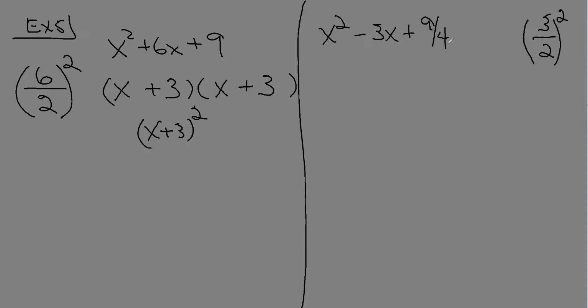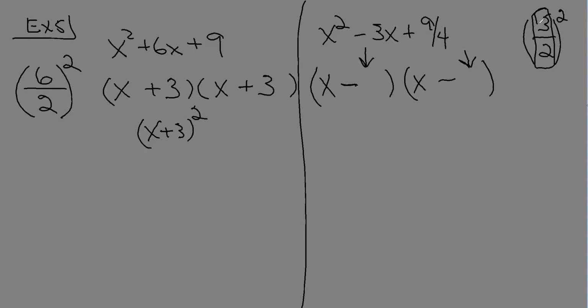When I go to factor this now, it's going to look like two binomials multiplied together. I've got x here, x here. I'm going to write down my signs. It's negative, and they're both going to be negative to get me the positive. And what are the terms that go here and here? They're going to be the same number, and that number lies inside the parentheses: the 3 over 2.